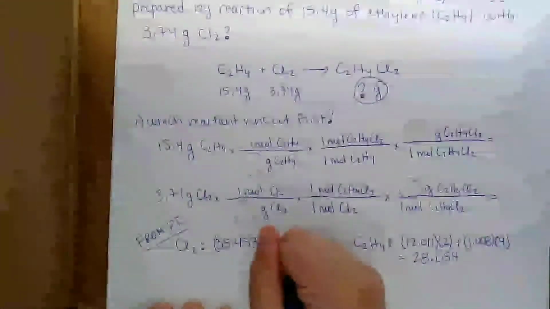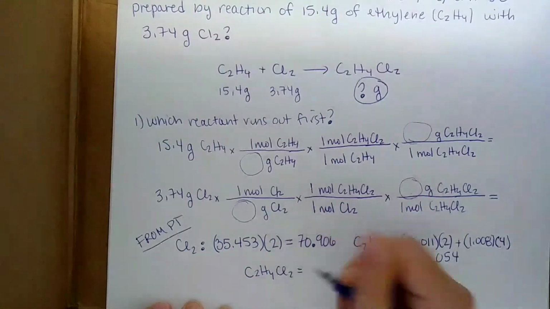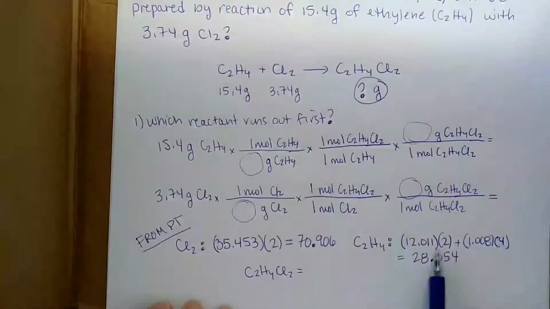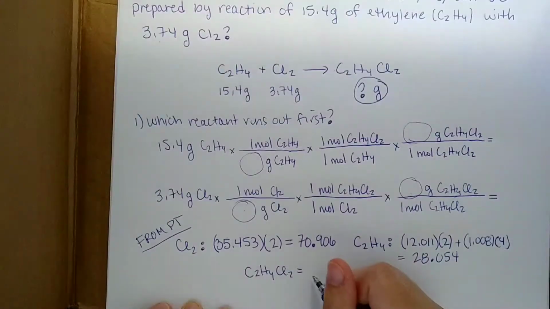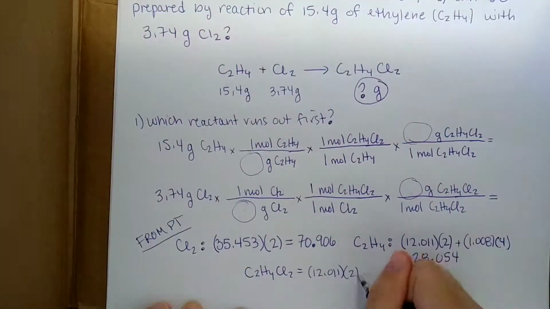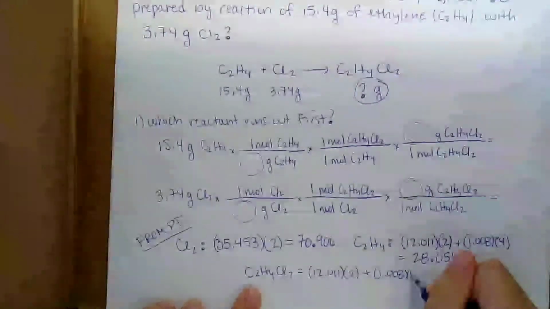And then finally I'm going to do the product, C2H4Cl2. It just so happens that it's these two added together, but I'm going to put all the work here anyway. So here's the mass for the carbon, there are 2 of them. Here's the mass of the hydrogen, there are 4 of them.